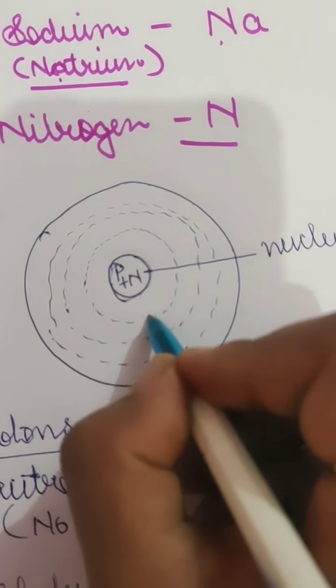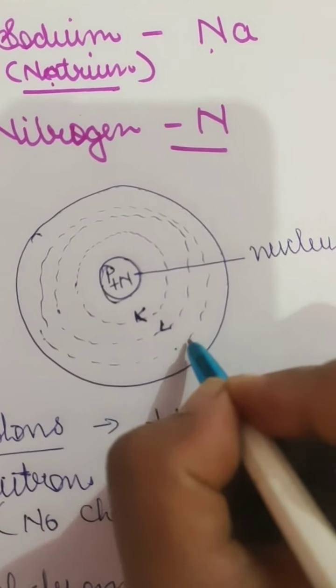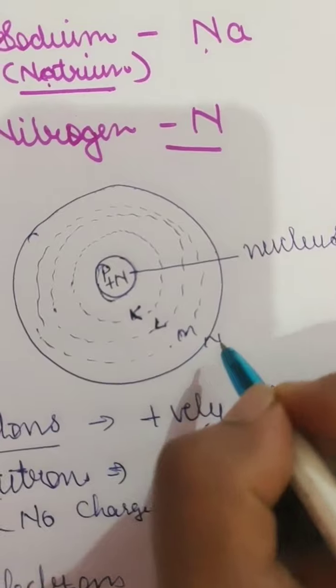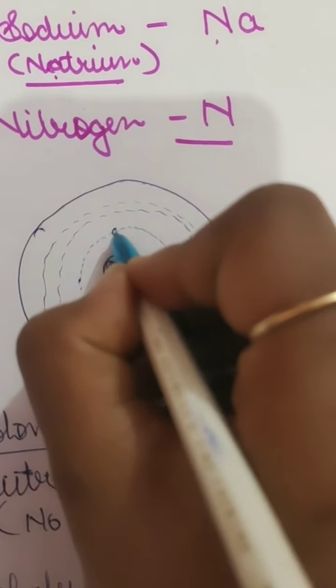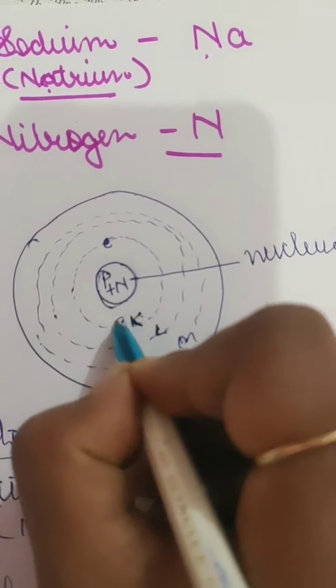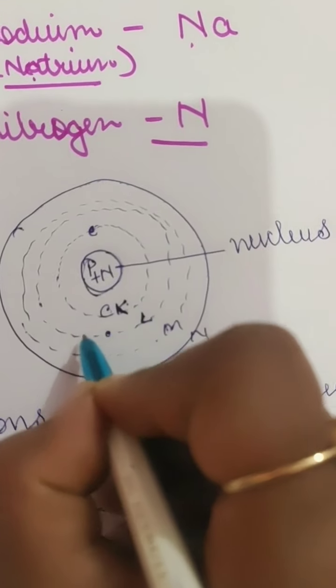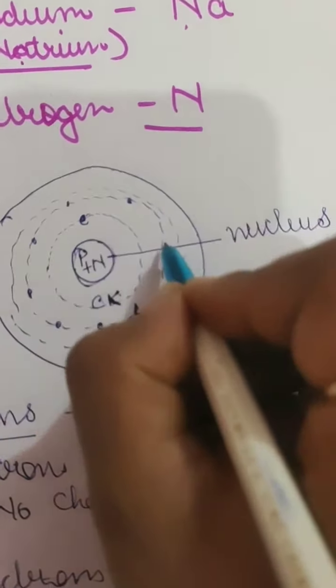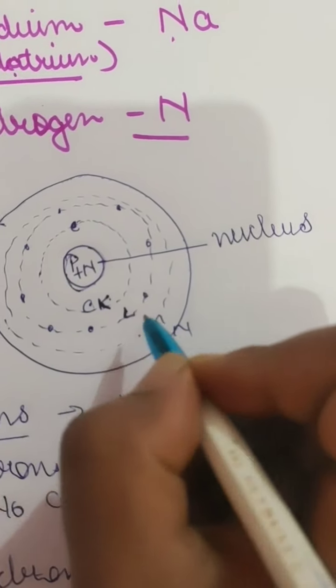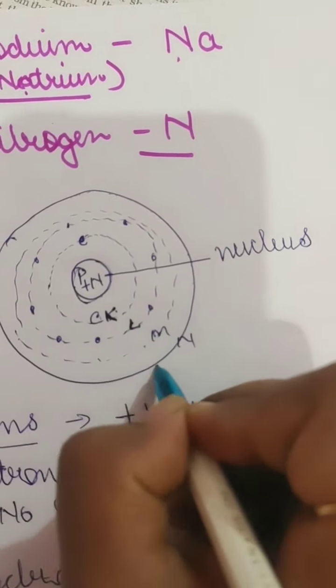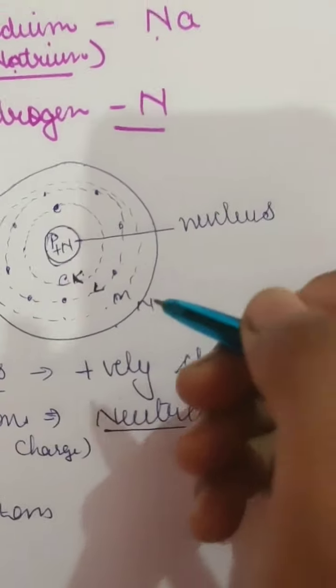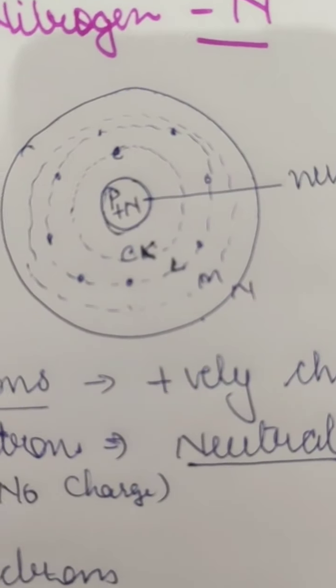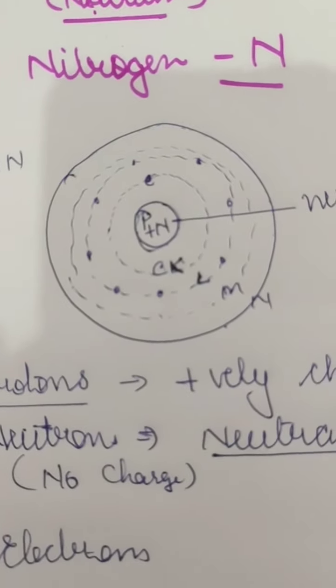In the first shell, the K shell, there are only 2 electrons maximum, in the L shell 8 electrons, in the M shell 18, and then 32. Every orbit has a set number of electrons that it cannot exceed.